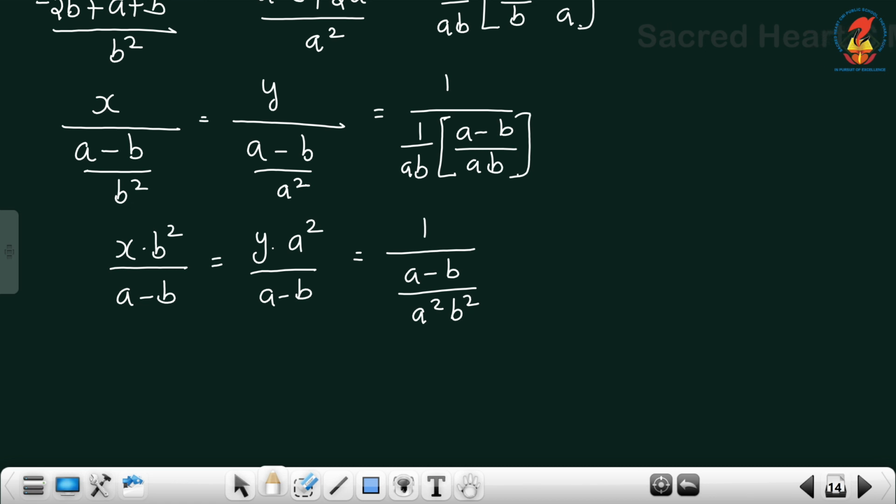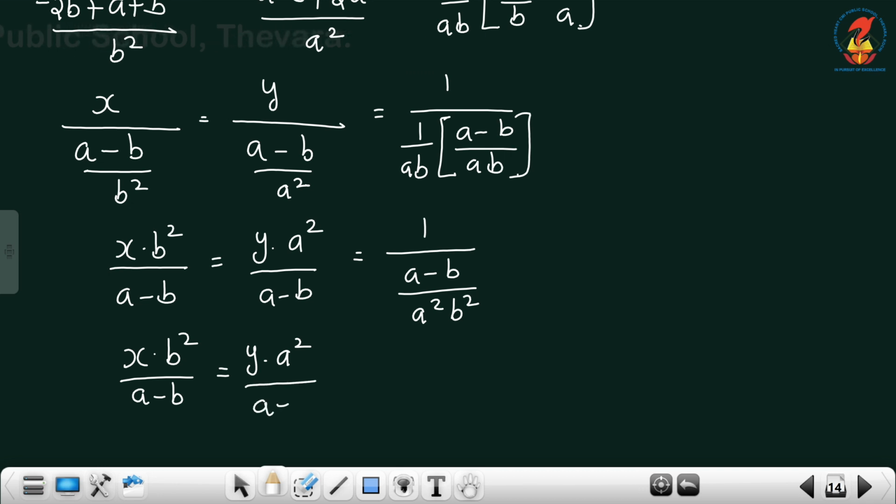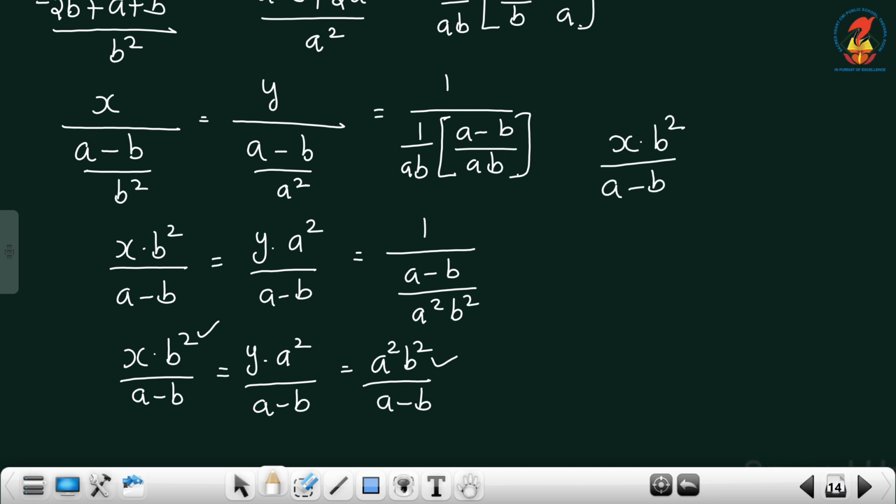You can write it x into b square by a minus b, y into a square by a minus b equal to, take the reciprocal, a square b square by a minus b. These two are equal, then you can write it x into b square by a minus b equal to a square b square by a minus b.